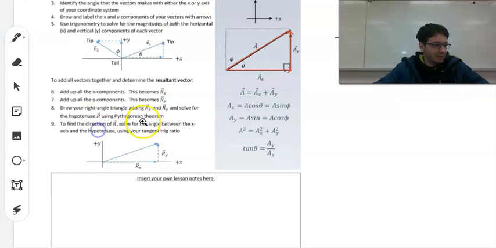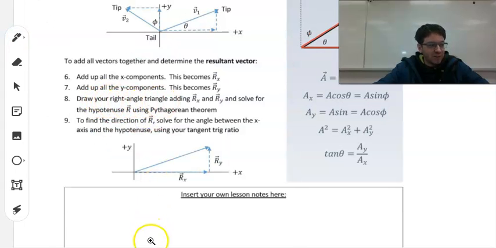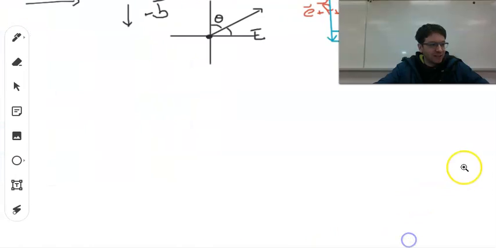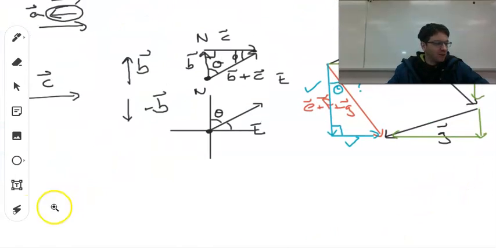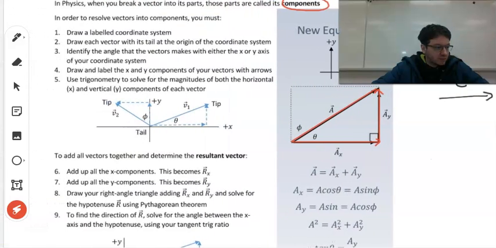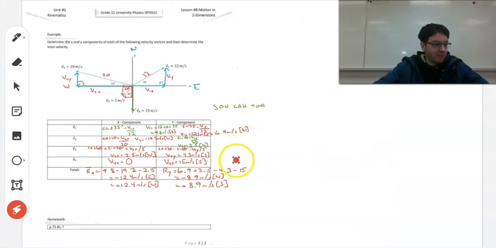Next step. Draw your right angle triangle. So what we're pretty much doing right now is drawing this right angle triangle for our resultant vector, where we know the y component and we know the x component. Then we're going to solve for that hypotenuse using the Pythagorean theorem.